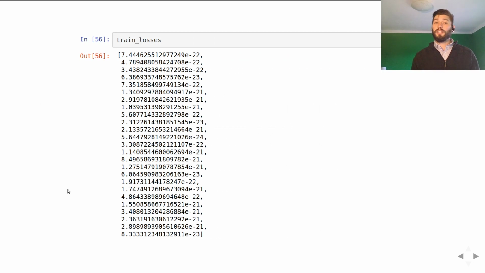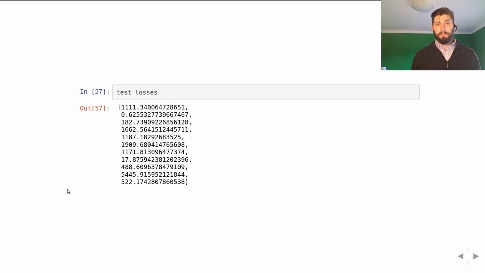Okay, if we look at our training losses, we have effectively 0 all the way down, right? So these are the losses over the training data. And remember, this data set, each of these samples corresponds to a country, and we are predicting the life satisfaction using all the other indices in this data set.